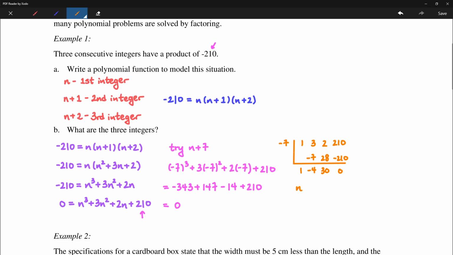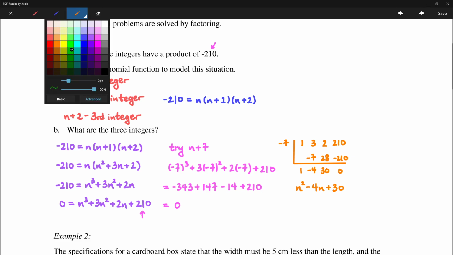So then we're left with the trinomial n squared minus 4n plus 30, which can be factored. Well, I guess there's only one way to find out, which is to use the quadratic formula to find out if this is in fact factorable.